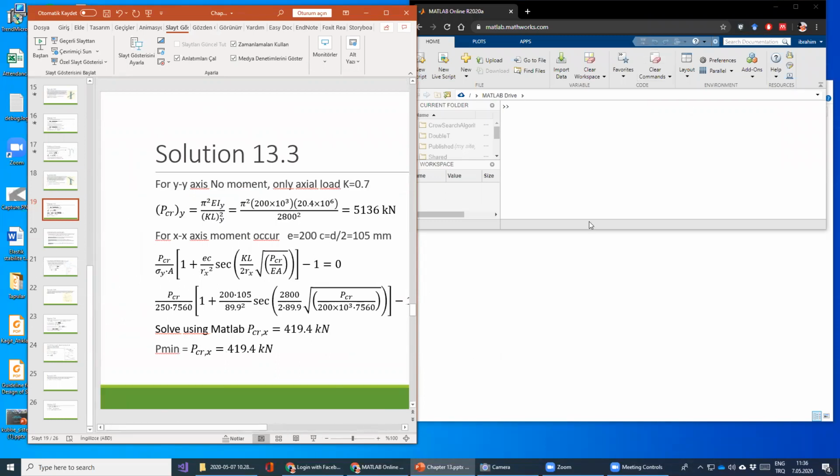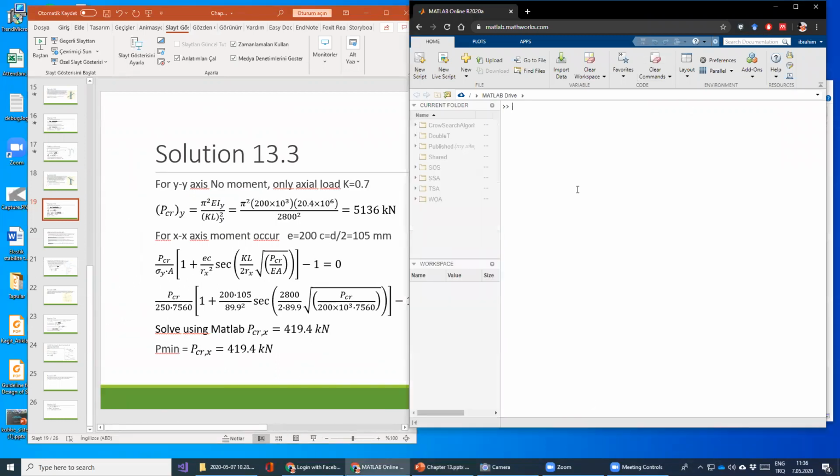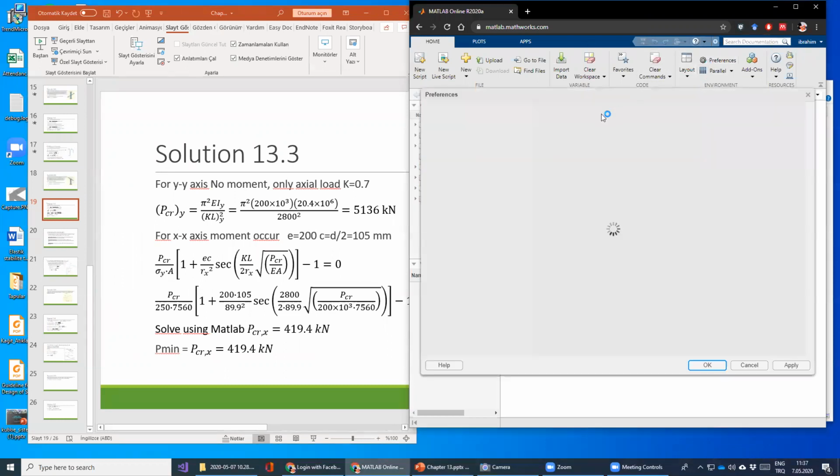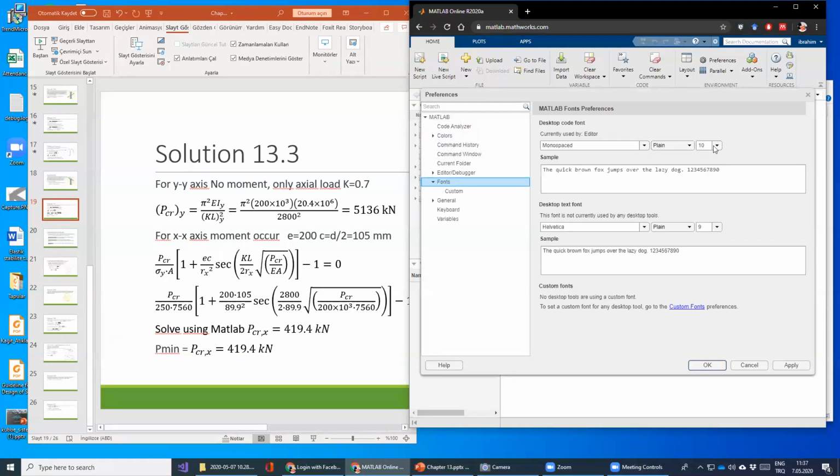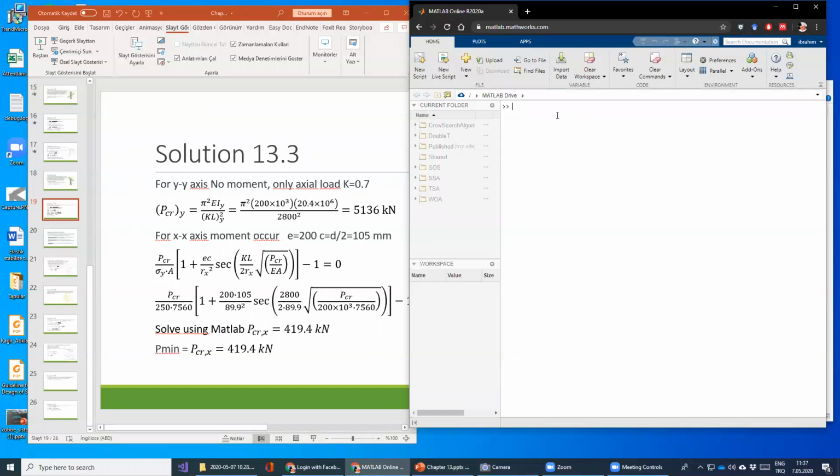Yes, I can see, maybe you can see too. Also, is there any preference to increase the font? We can increase the font too. It's 10. I think 18 is okay. Off. I think we cannot increase the font. I hope you can see the font on screen.